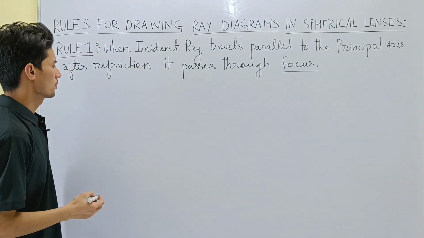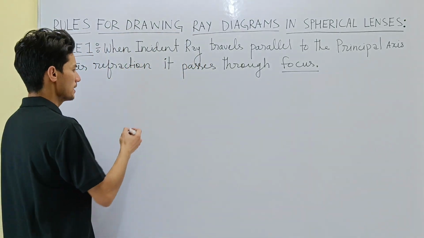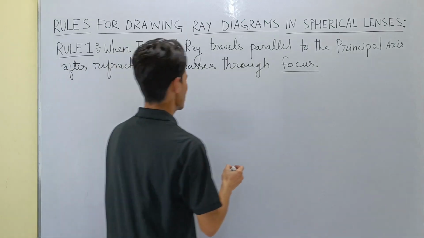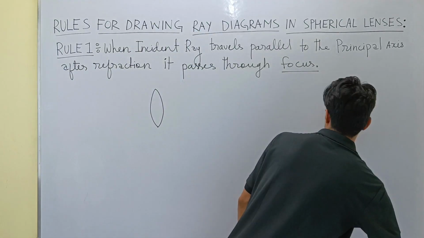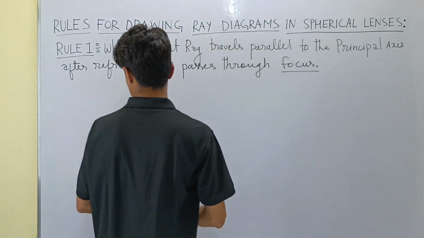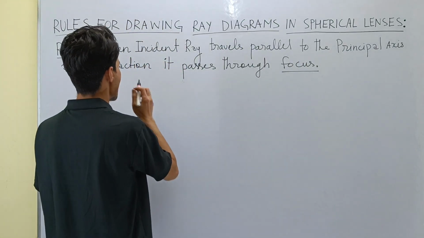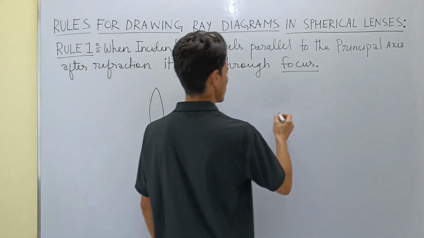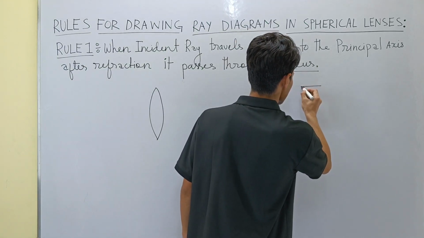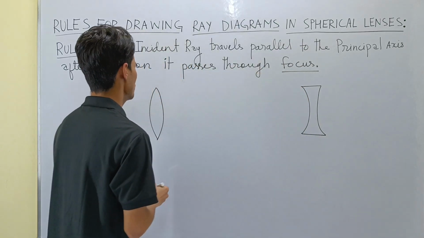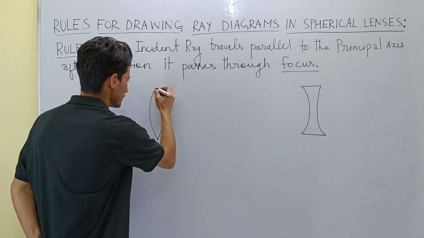Now let us draw the lenses here. First I'll draw the convex lens, and better do one rule each. We'll mark the aperture.